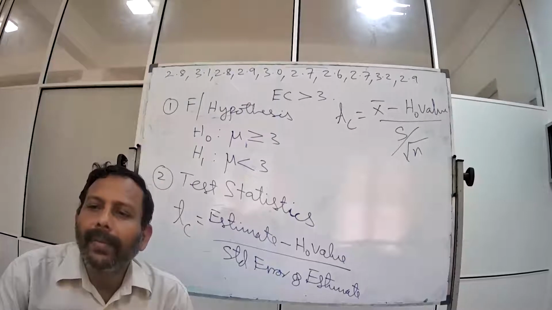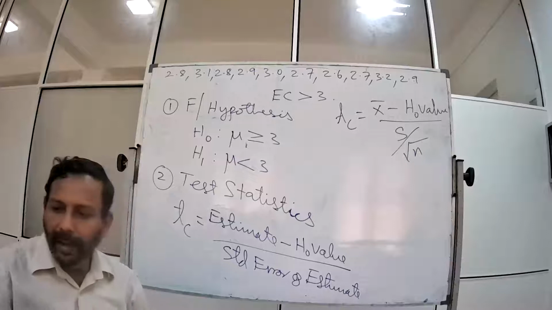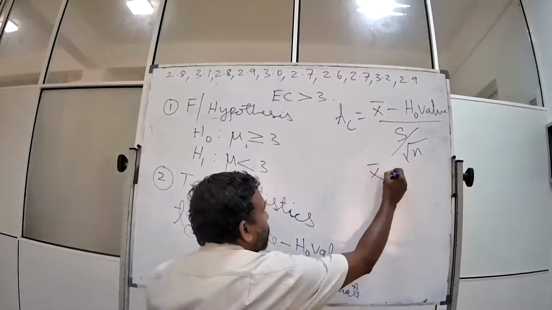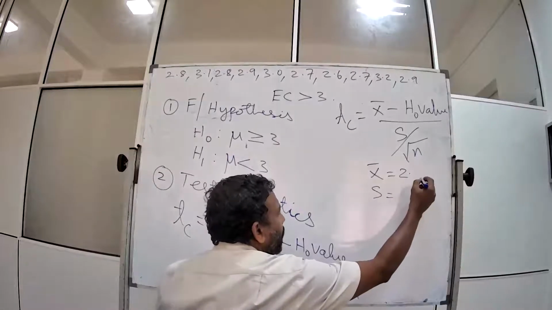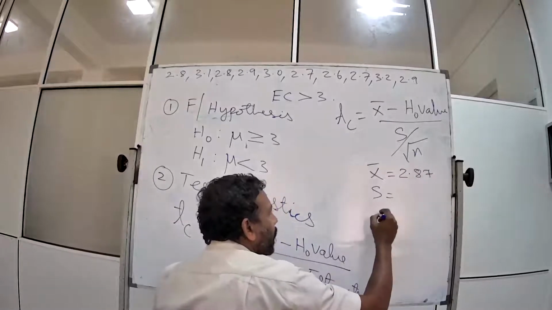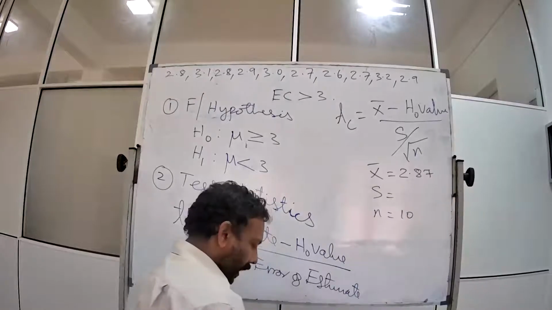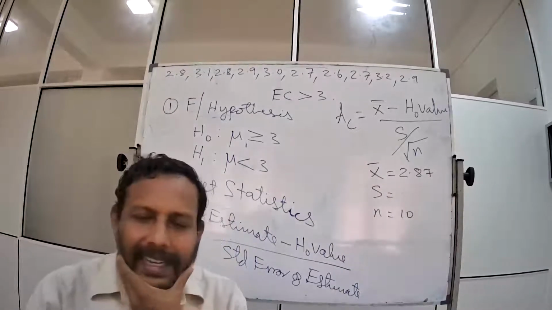Any value of X bar? What is the value for X bar? 2.87, sir. Point 87, right. About the other information, S, the standard deviation, that takes a little time.